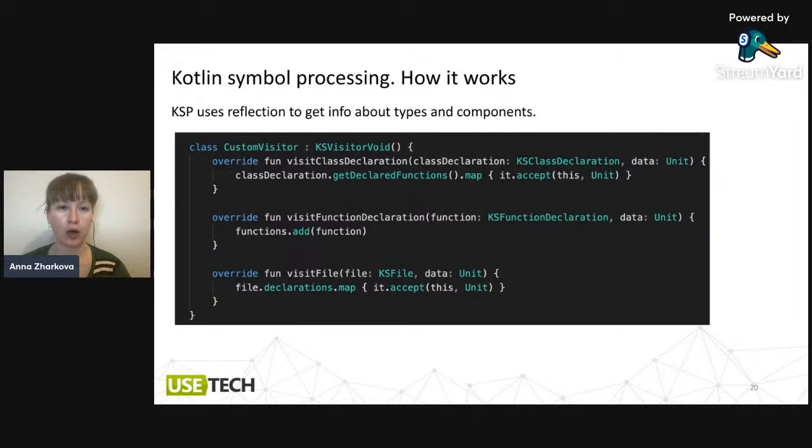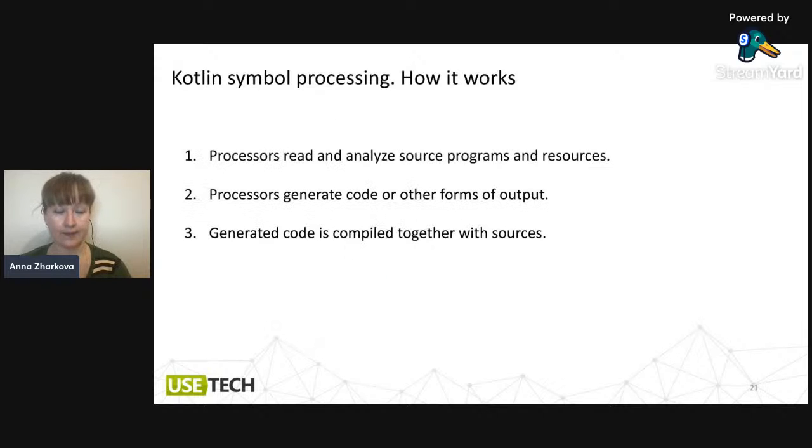So here is a sample of an implemented visitor with the visitClass method. So how will our symbol processor work? At first it reads all the information and analyzes the source program and resources, and then our processor will generate all the code or other forms of output we need, and then the generated code will be compiled together with our sources.